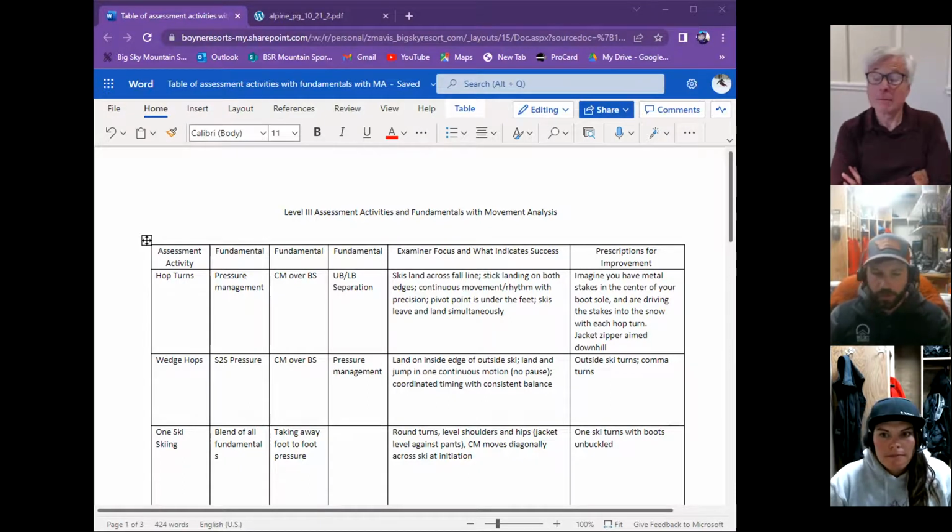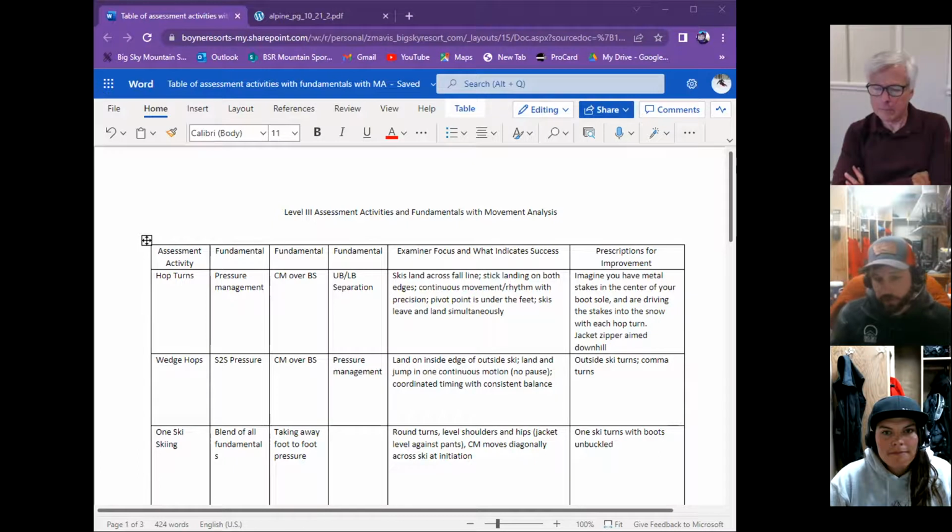So that's a piece of those two when I'm thinking about what the difference is and why I might choose one or the other. I like to lean towards wedge hops because I can see in a candidate that may not have the same body strength that there could be a high level of skillfulness in the things that I'm trying to verify. And they may not be able to show me those skills in a hop turn just due to the athleticism that is required to get both skis across the fall line and pointed in the same direction without sliding. So that's kind of my quick answer there.